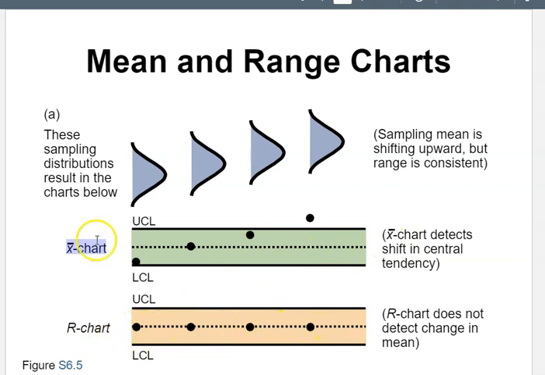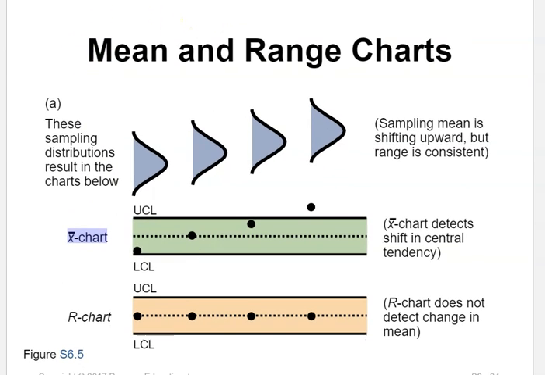So it's very important that you remember, whenever you're deciding if the system is in control or out of control, you check both charts, both the Xbar and R charts. Why? Because this can happen.